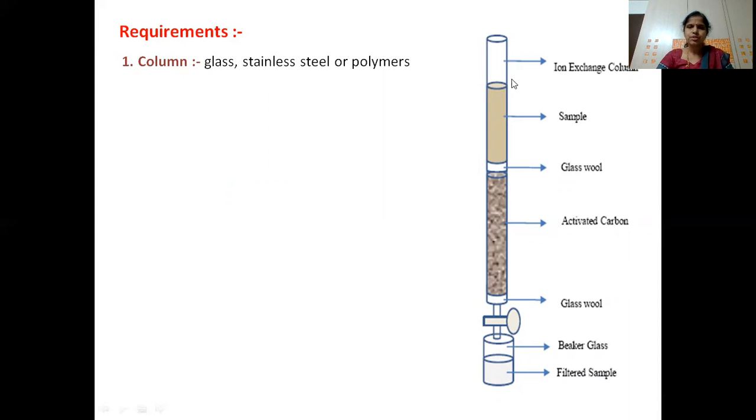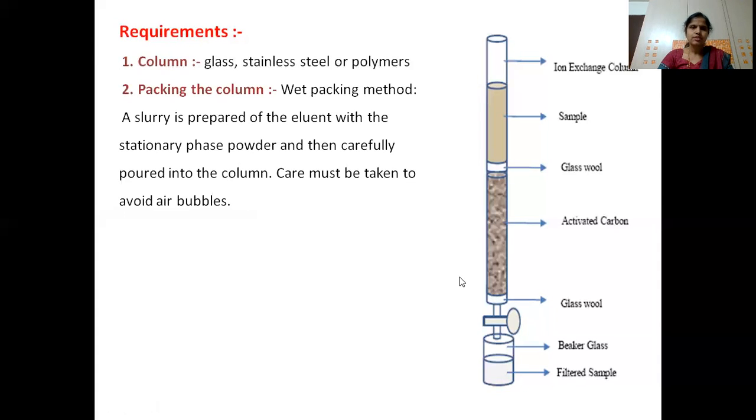What we have to do is fill this column with the resin. As we discussed in column chromatography, here also the column is made of glass, and at the bottom it has a nozzle with a stopcock. Now we have to pack the column, and here we always follow the wet packing method.